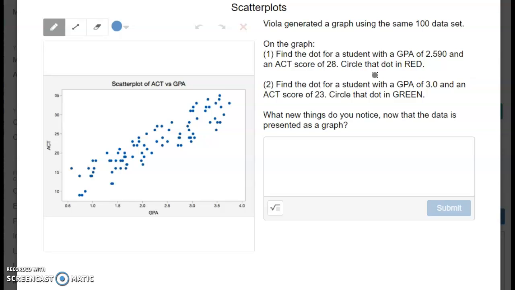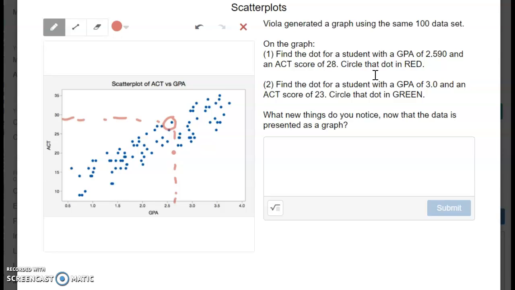And the ACT of 28 would make me think this is this student here. Okay, so I'm going to color that red because when I go across, it looks like approximately 28. When I go down, it looks like approximately 25.9.